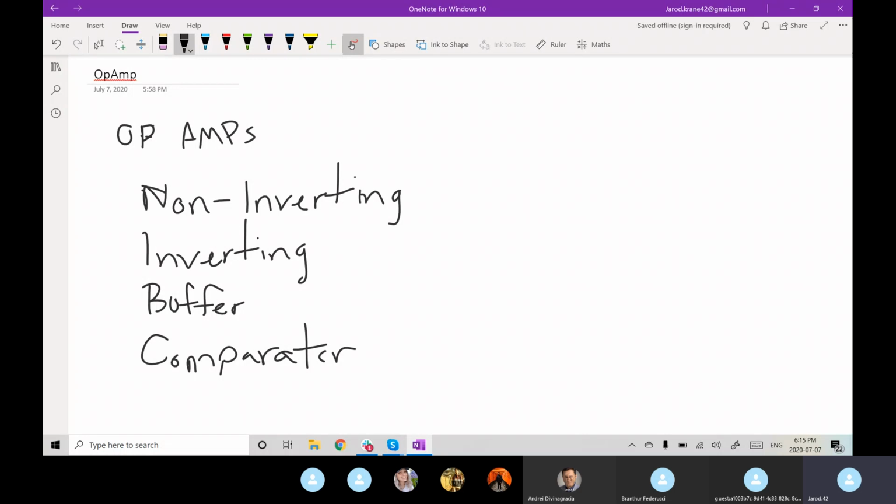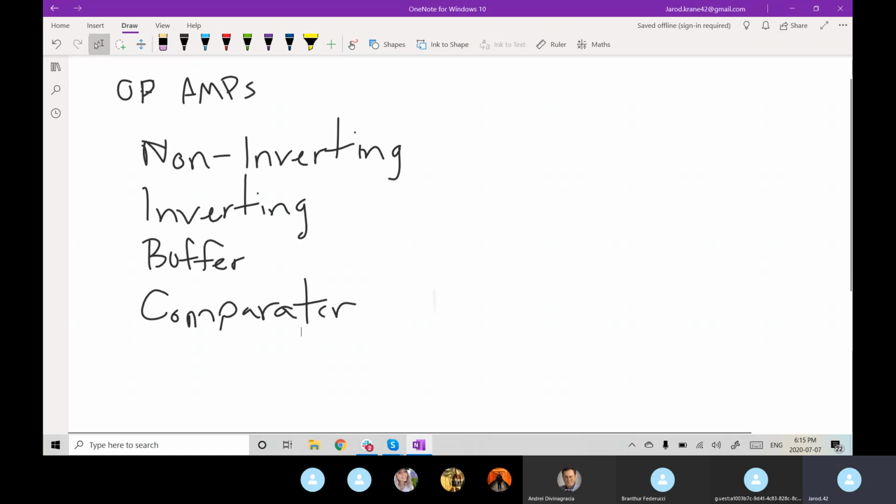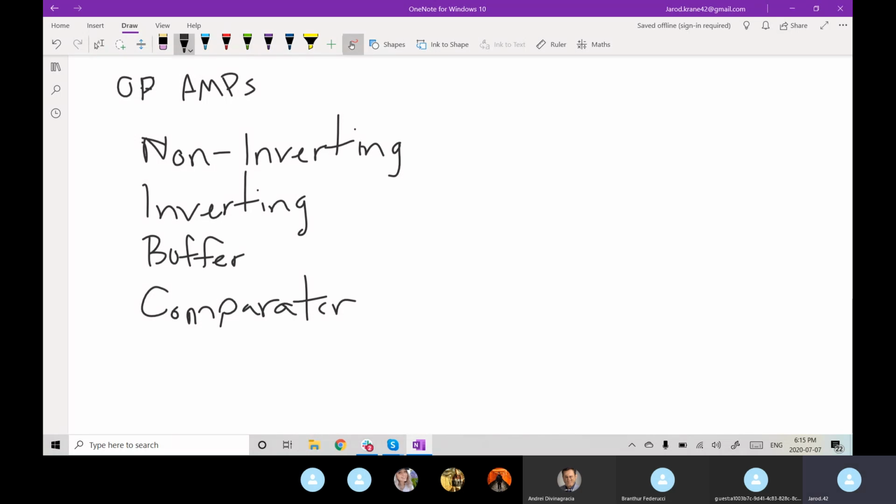We will also, at the end, look at the differential amplifier. Not in as much detail, but it slightly builds on the concepts of the inverting and non-inverting, so we'll take a look at that at the end.